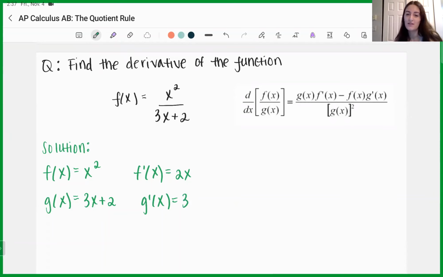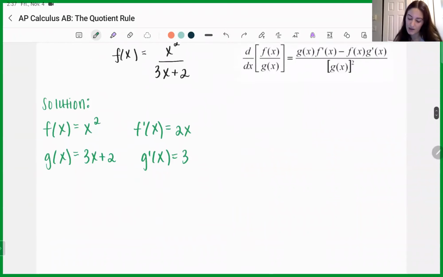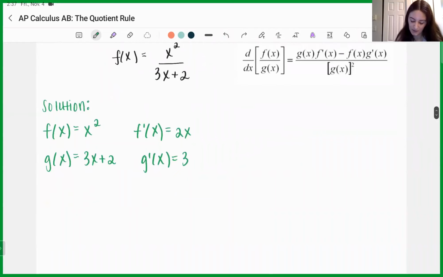So the very last step is just to plug all of these green things into this formula, and then boom, you'll have your answer. So this formula says that first we take the bottom function g, so that's 3x plus 2. We write that first, then we multiply that by f prime. F prime is 2x.